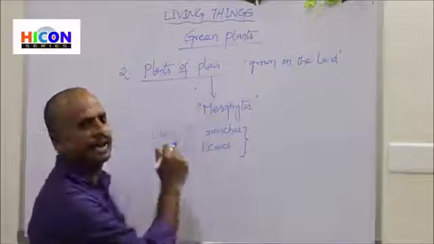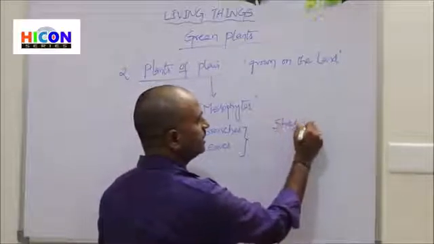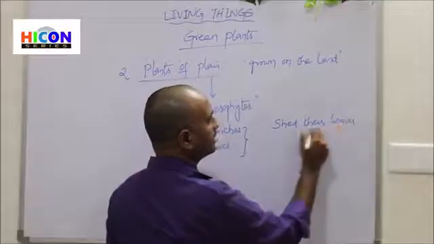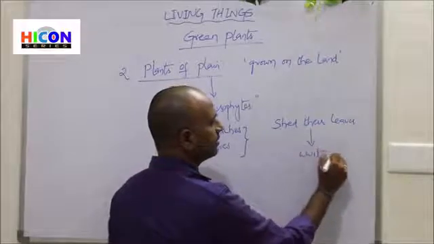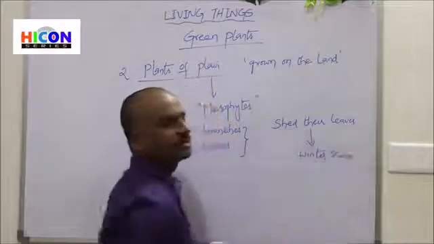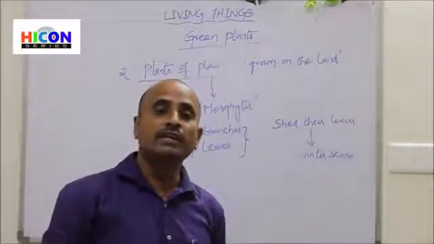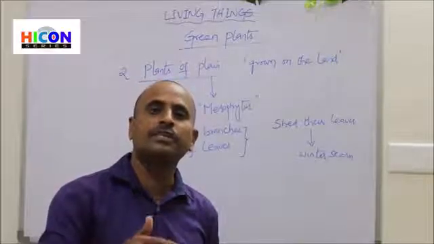And these plants shed their leaves in the winter season. These plants shed their leaves in winter to prevent the loss of water. They shed their leaves in winter because if the leaves are present, the process of respiration takes place.